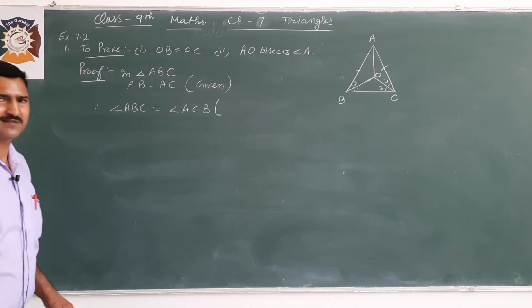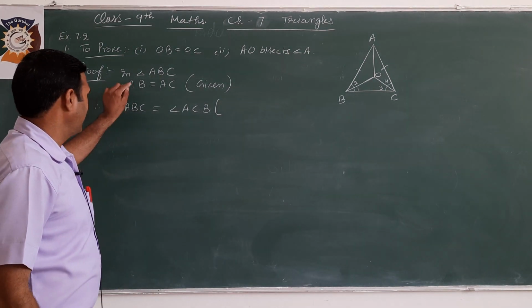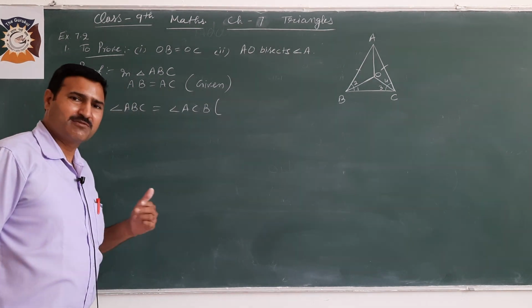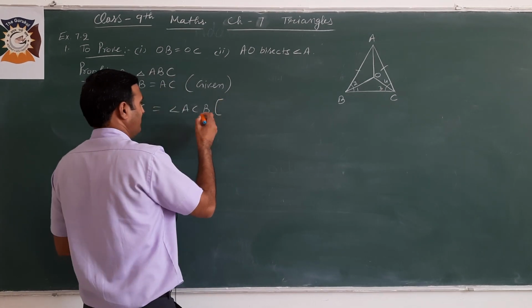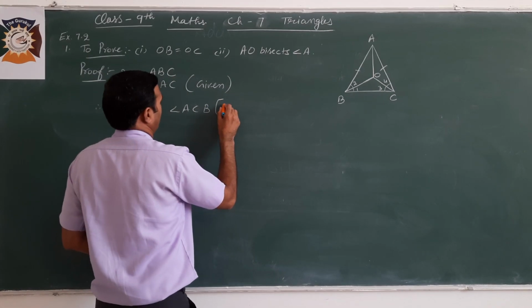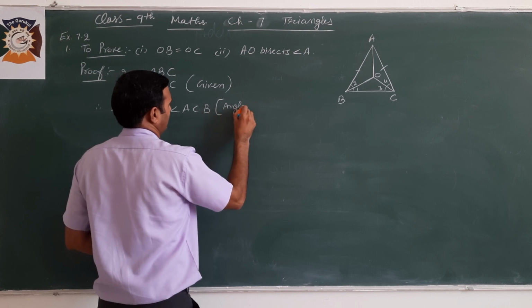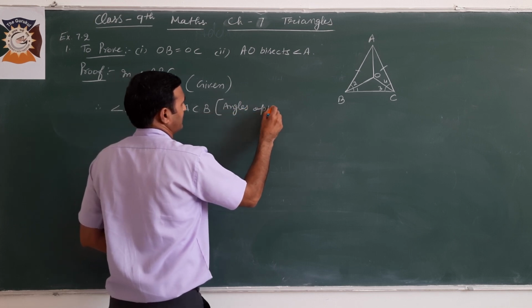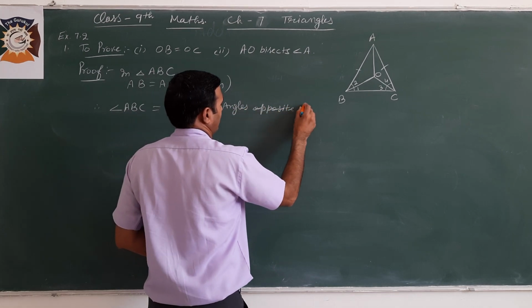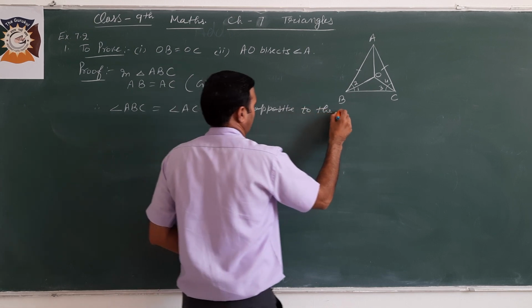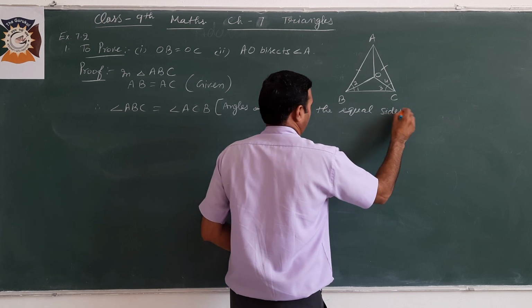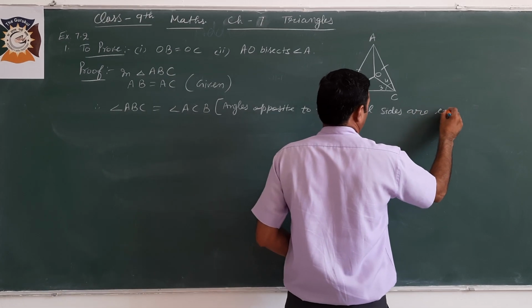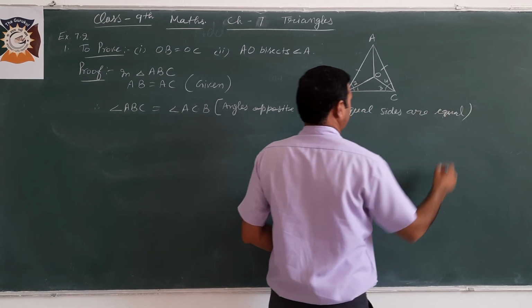I'll write the reason. If sides are equal then the angles opposite to them will be equal. The theorem which we have proved: angles opposite to the equal sides are equal.